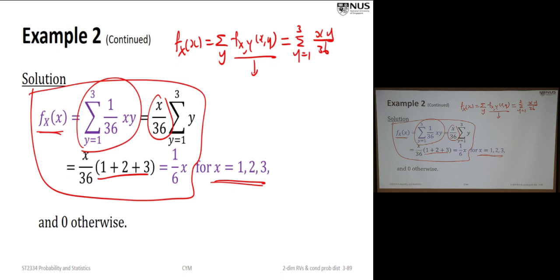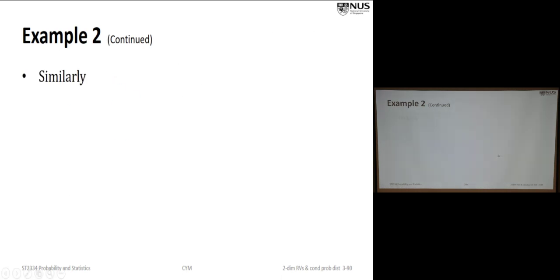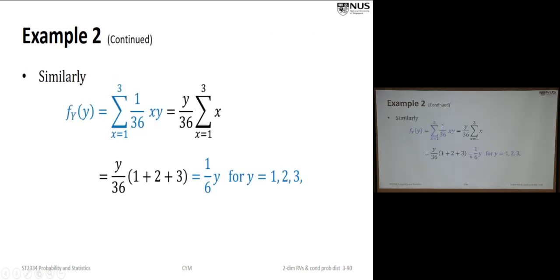So we do the same thing for y and get a similar answer. Now I have f of x and f of y, and I know the range for which this marginal probability function is valid.